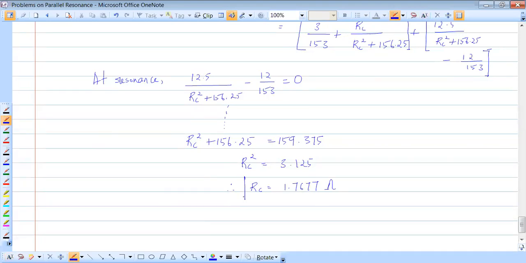Get that? Now we shall take one more problem. So this is the RC for which the circuit resonates. You can conclude that here.